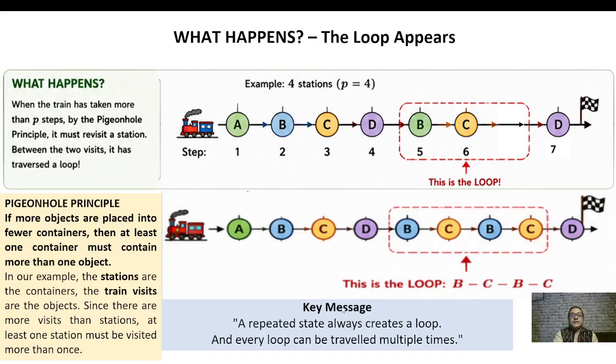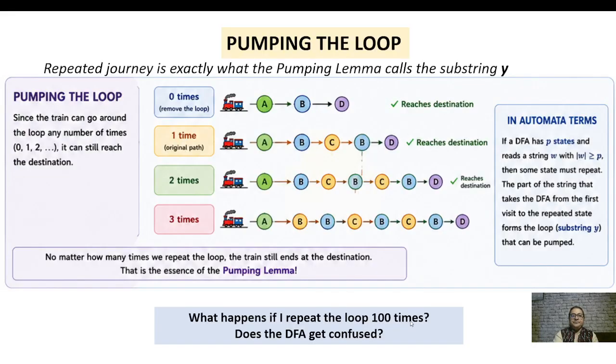Therefore, it can repeat the journey again without changing its final behavior. That repeated journey is exactly what the pumping lemma calls the substring y. So the key message is: a repeated state always creates a loop, and every loop can be traveled multiple times.